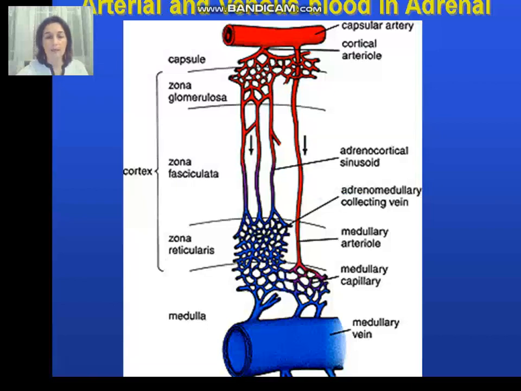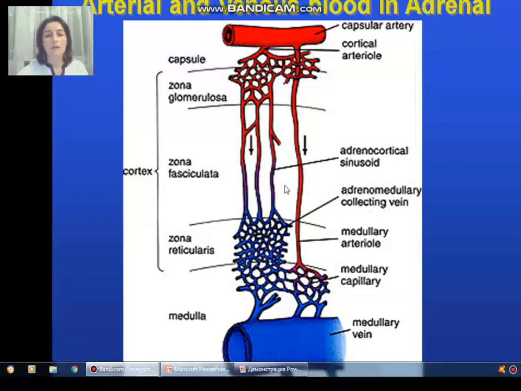What we have to pay attention to here is that in the medulla, the blood comes from two sources: from the capsular artery as the medullary artery, which carries oxygenated blood, and also the blood collected from the cortex, which is venous blood rich in hormones of the adrenal cortex, and they will also have an impact on controlling the activity of the cells in the medulla. Then the hormones will enter the blood circulation.